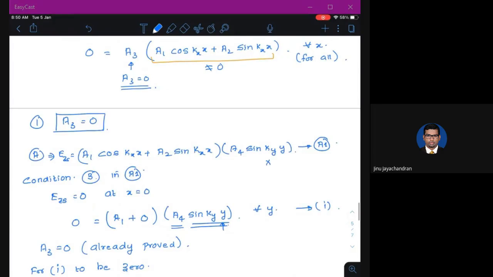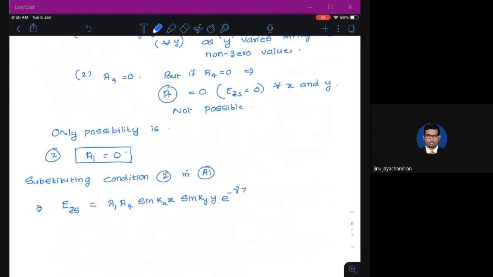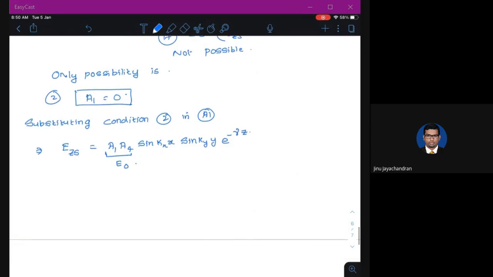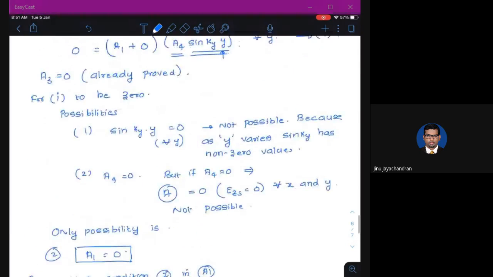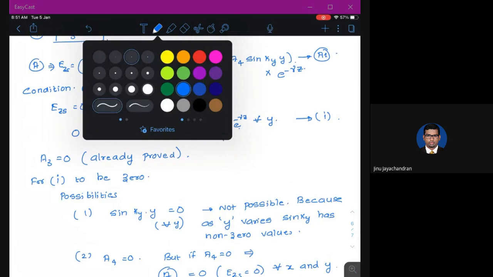This is multiplied by e raised to minus gamma z. Okay, so let me rename A2 A4 as E0. So this is equal to E0 sine kxx sine kyy e raised to minus gamma z. So in all these terms, you will have e raised to minus gamma z. Now, e raised to minus gamma z will be 0 only when z equal to infinity.